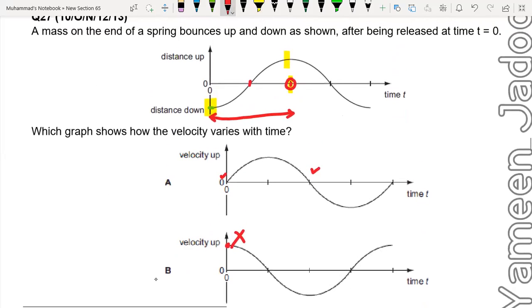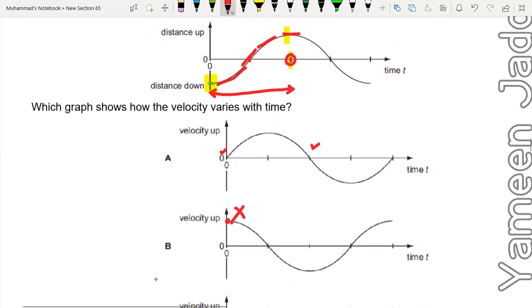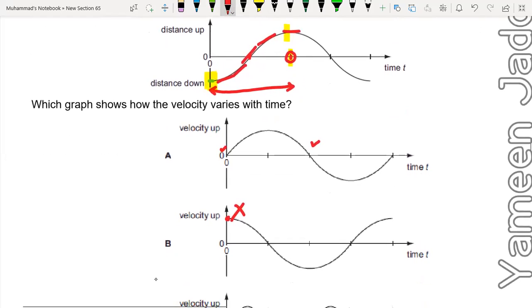So the gradient starts at 0, then increases, becomes maximum, then decreases to 0. After that, from this point, the gradient becomes negative and it increases. So that's why the velocity is negative, increases, and becomes 0 at this point. So that's why A is the correct option.